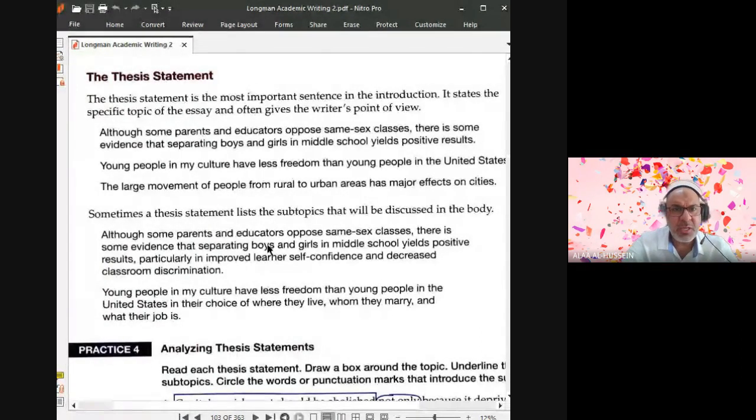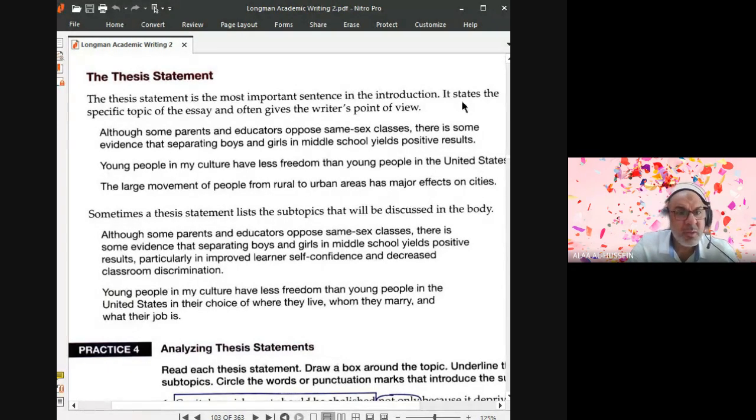So here the first sentence reads like this, if you can see the cursor: the thesis statement is the most important sentence in the introduction. The second sentence explains why.